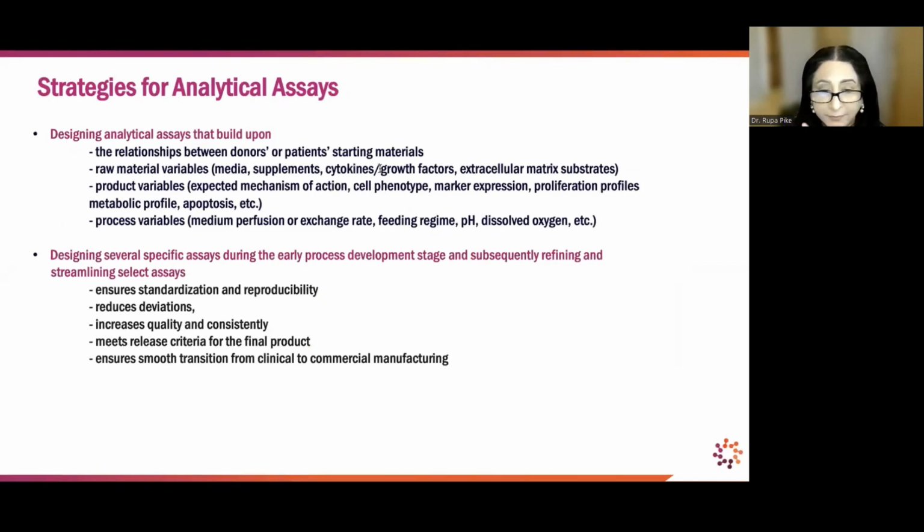So here are some of the fundamentals on developing strategies for analytical assays.